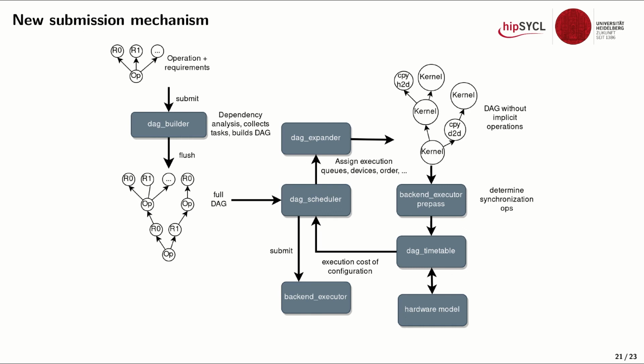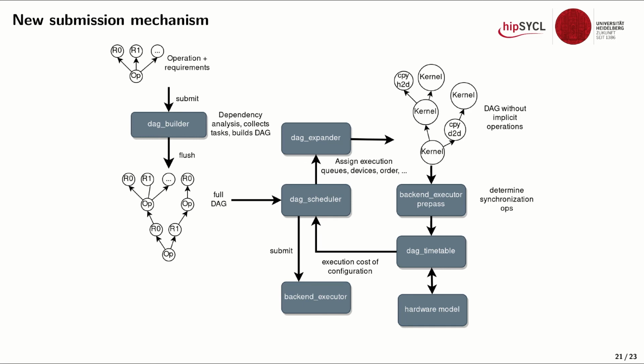Then at some point, either when the DAG builder has collected enough operations, or when there's a synchronization point in the code, the DAG builder will flush the tasks that it has collected, which will now be a completed full dependency graph, and will submit this then to the DAG scheduler.